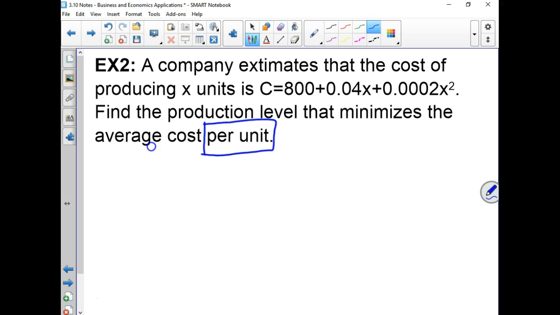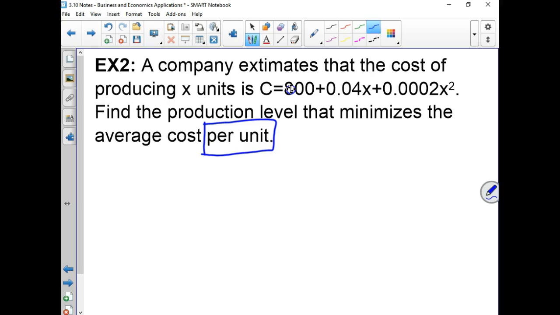Some of your costs are fixed costs here. It does not matter how many units you make. If you have a factory and you're setting up to make whatever item you're making, it's going to cost you a certain amount to set up the machines and get them ready, even if you only make one computer or one iPad. So that $800 is a fixed cost.